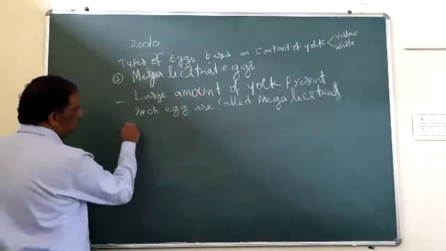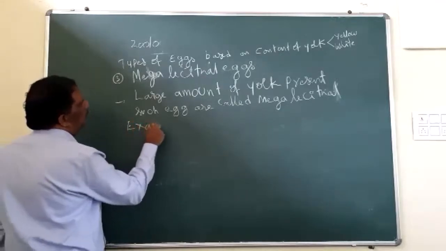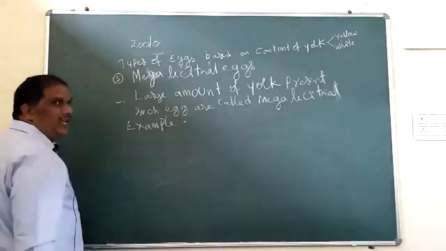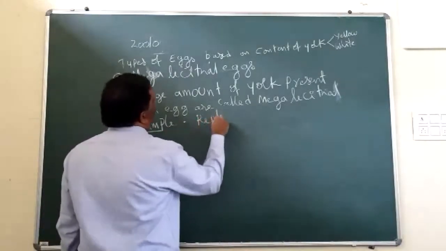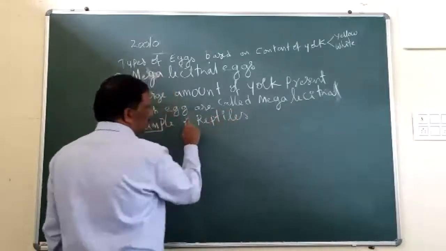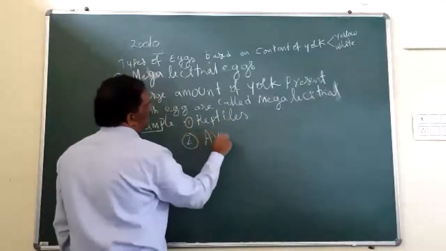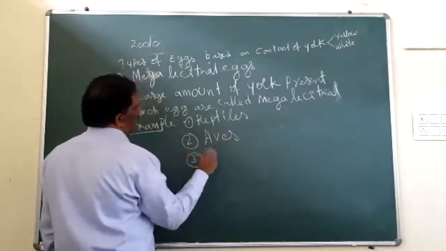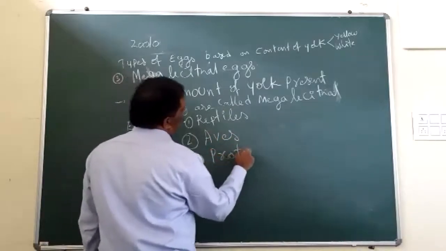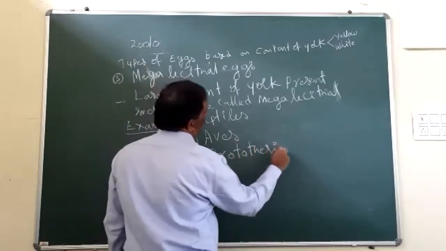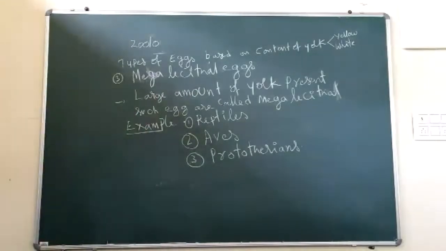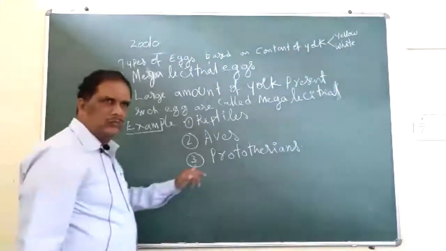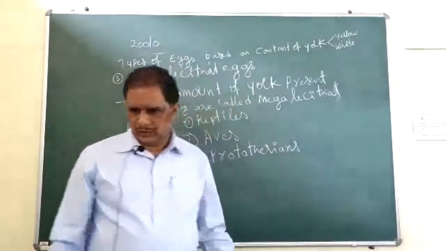Examples of megalecithal eggs: reptiles, aves, prototherians.